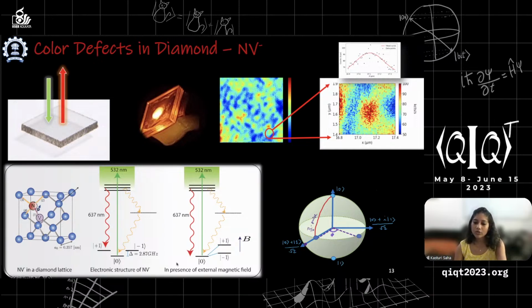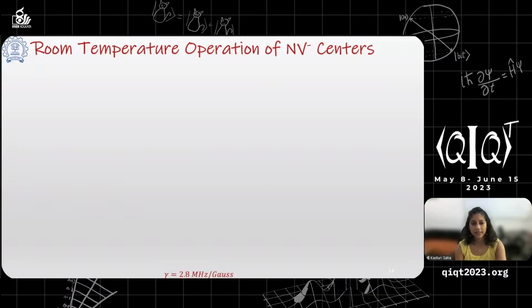And you can also go from 0 to +1, and that could be another 2-level system that you can control. Now, -1 to +1 is a forbidden transition. And so on the Bloch sphere, 0 and 1 state, you can apply different pi pulses depending on this microwave, and you can do all the qubit operations on the NV center.